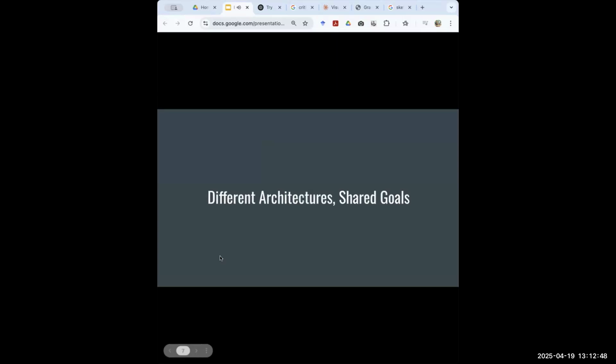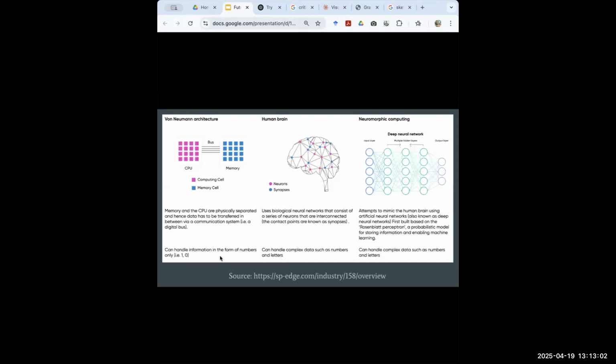So, next I'm going to give you a little bit of comparison across different architectures that we see in the classic computational system, classic computers we see, and our brain, and then the neural networks. So you can see on the leftmost, there is the von Neumann architecture. This is what laid the foundation of modern day computer science.